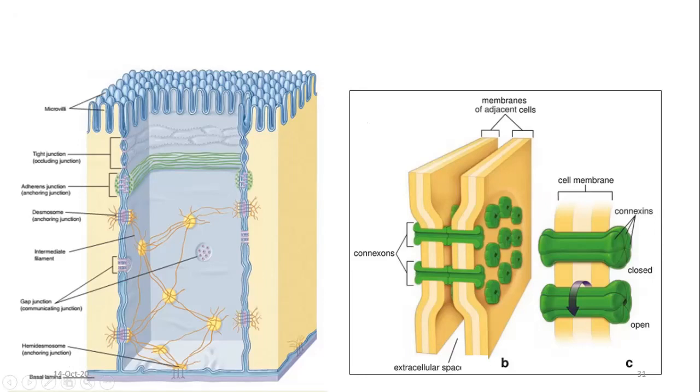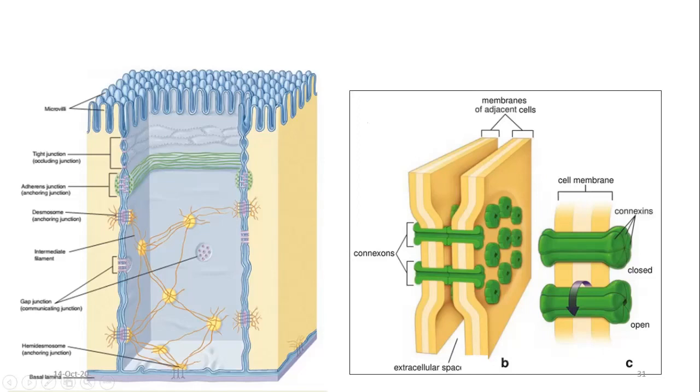As we see, also the gap junctions, they form spots. On the right side, in this diagram, we have membranes of adjacent cells. The membranes of the adjacent cells are connected via the gap junctions, which are communicating junctions. They are formed of what?